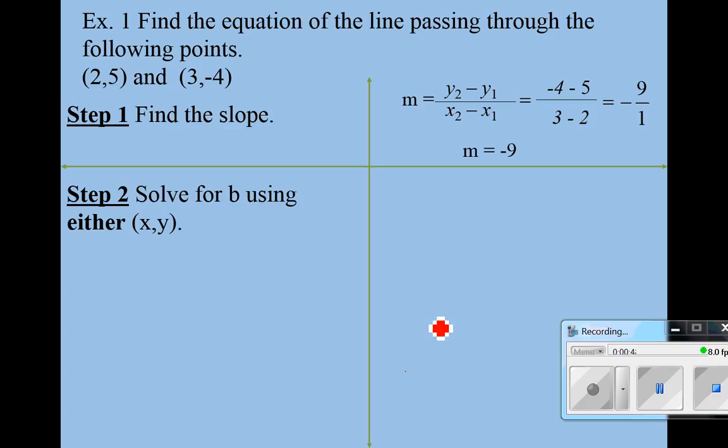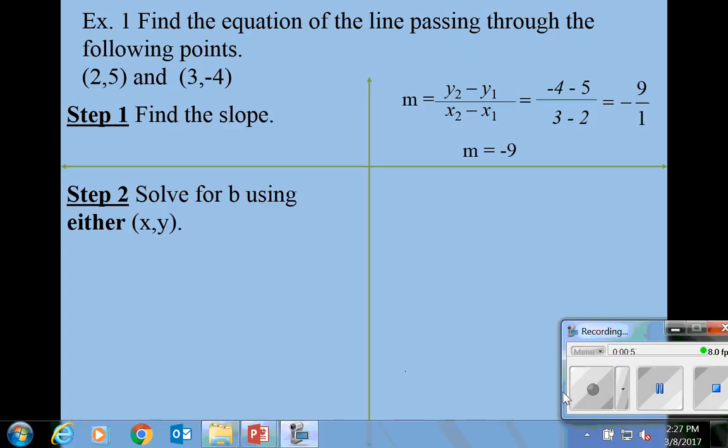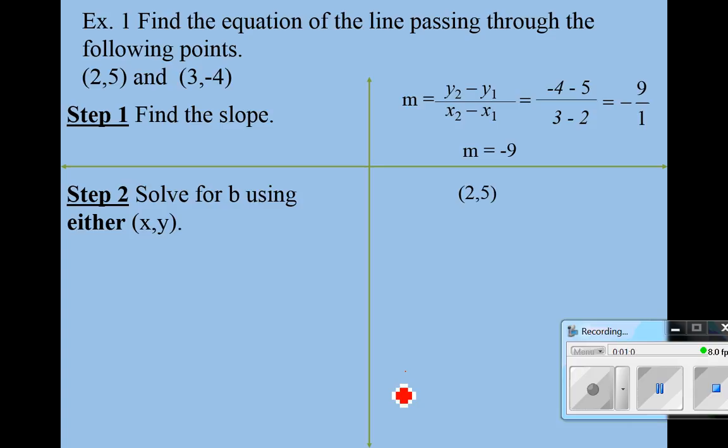Here's step 2. Solve for b using either x or y. I can pick either ordered pair, and I would still get the same answer when I solve for b. So I'm going to choose the (2, 5), and I'm going to substitute it into y equals mx plus b.